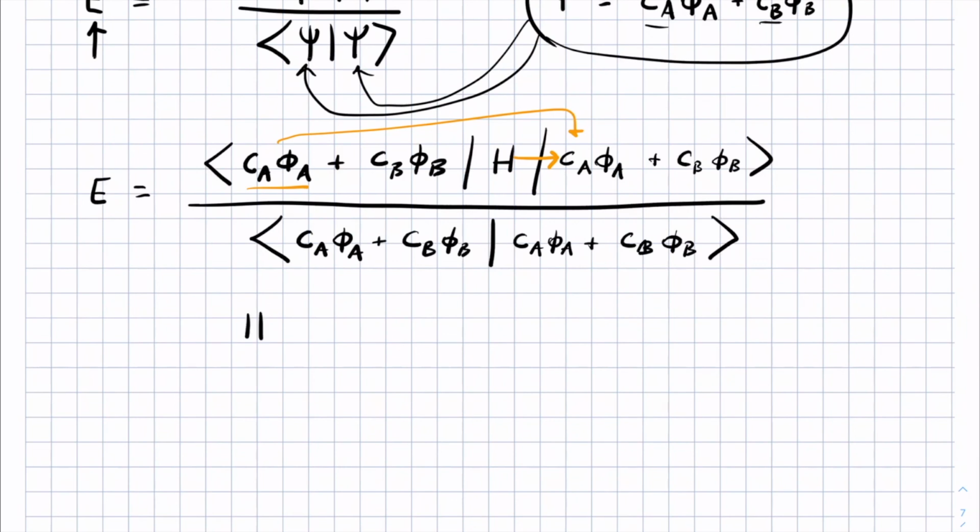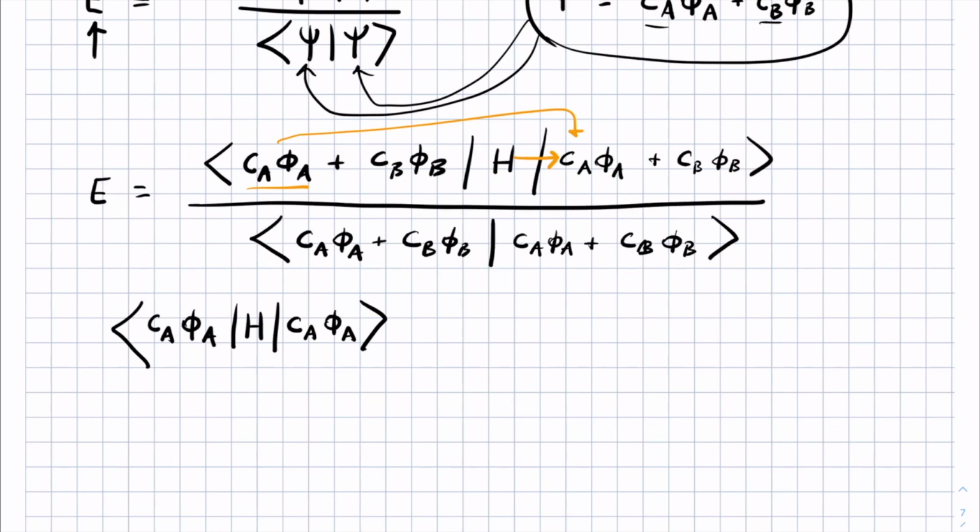So here is the Hamiltonian applied to Ca phi a, and then we're going to take Ca phi a and multiply it through. And that's one term.